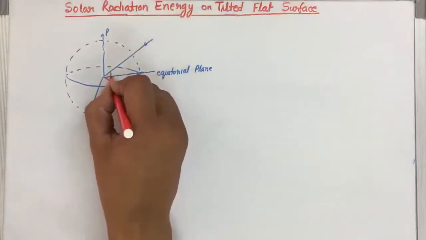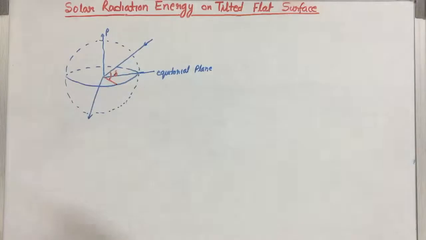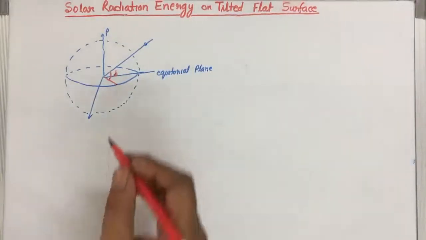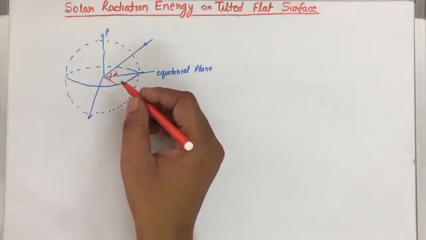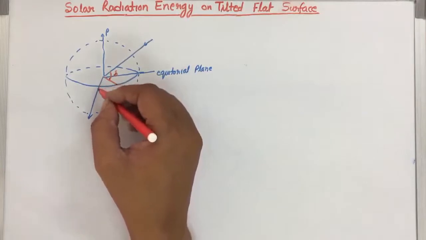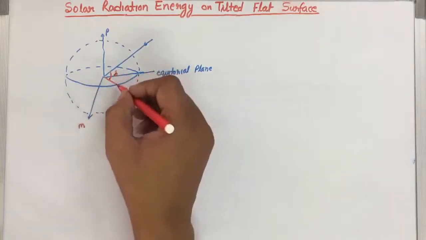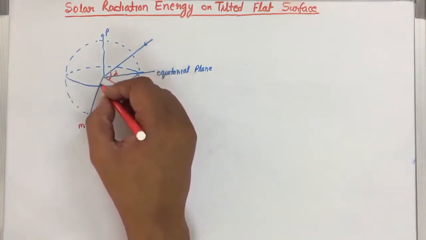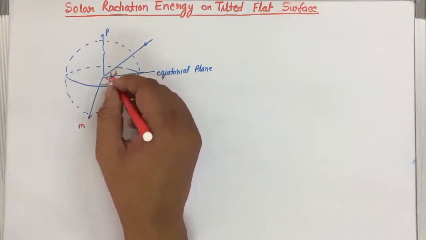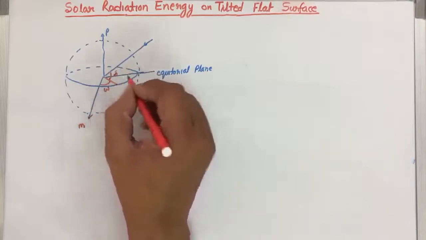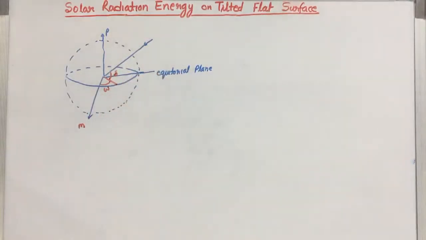This angle was the declination angle, and the angle between the meridian axis and the projection was the hour angle. At the last turn we have seen these two angles.